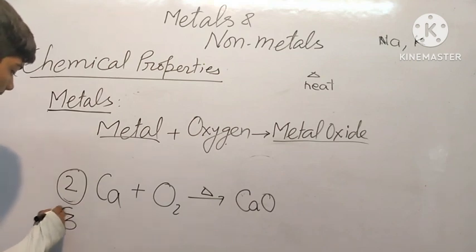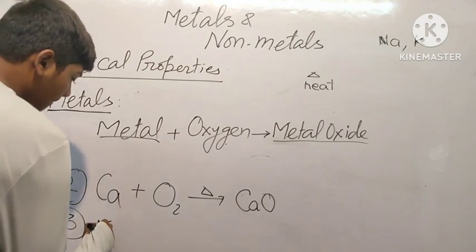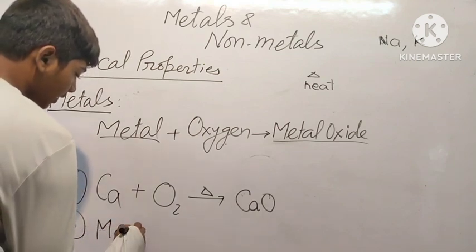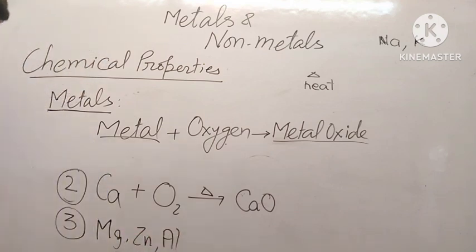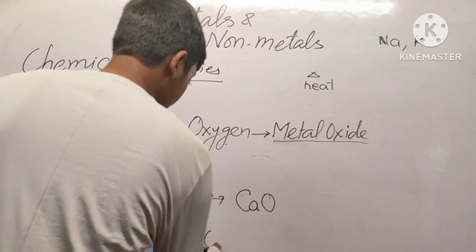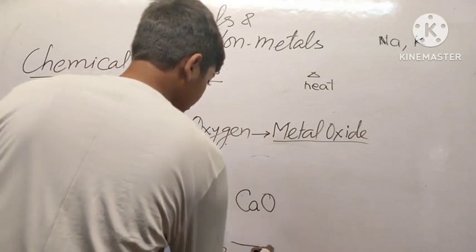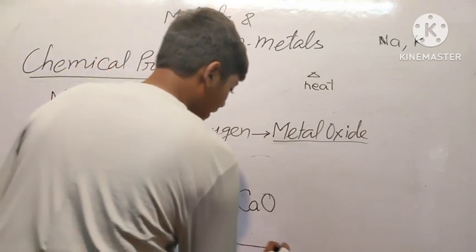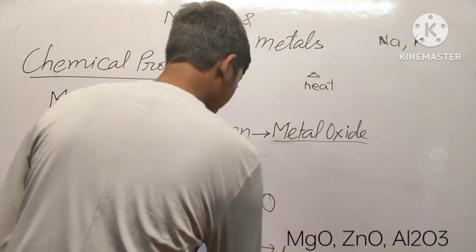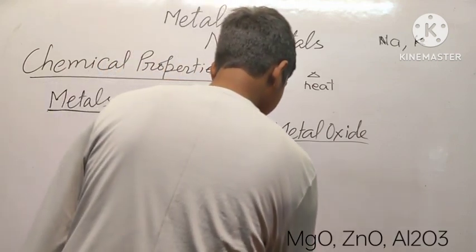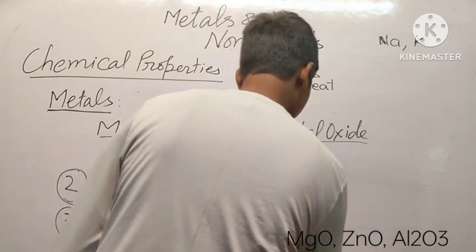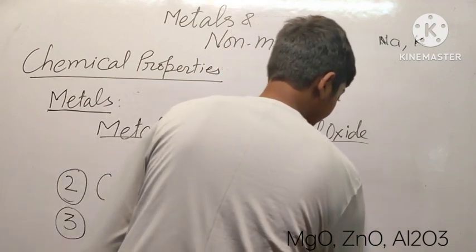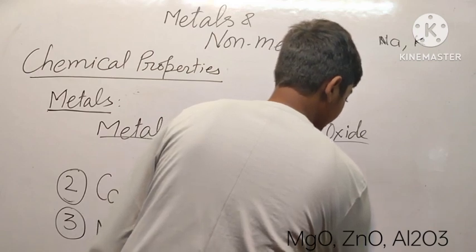Now third is magnesium, zinc and aluminium. All of these react with oxygen to form their respective oxides, such as MgO for magnesium, ZnO for zinc and Al2O3 for aluminium.